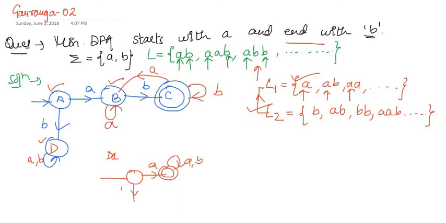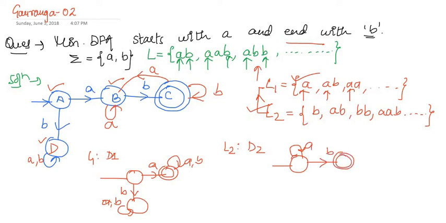But if B comes at the start, we will reach the dead state. This is the DFA for language L1. Now the DFA for language L2, ending with B. At the initial stage any number of A can come, that's okay, but as soon as B comes, we reach our final state.